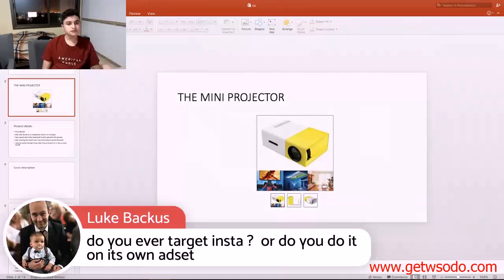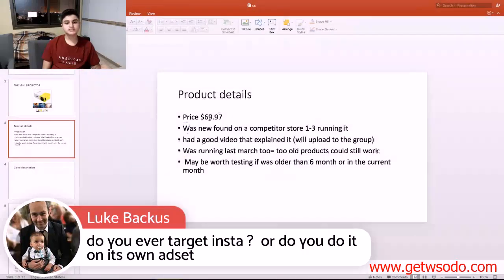So first thing, let me tell you the product details. It was $69.97. It was a new product found on a competitor store running it. That's the first time I found out about that product. But when I actually started running it and making a lot of money out of it was when everybody had run it and left it alone, and the audience refreshed.